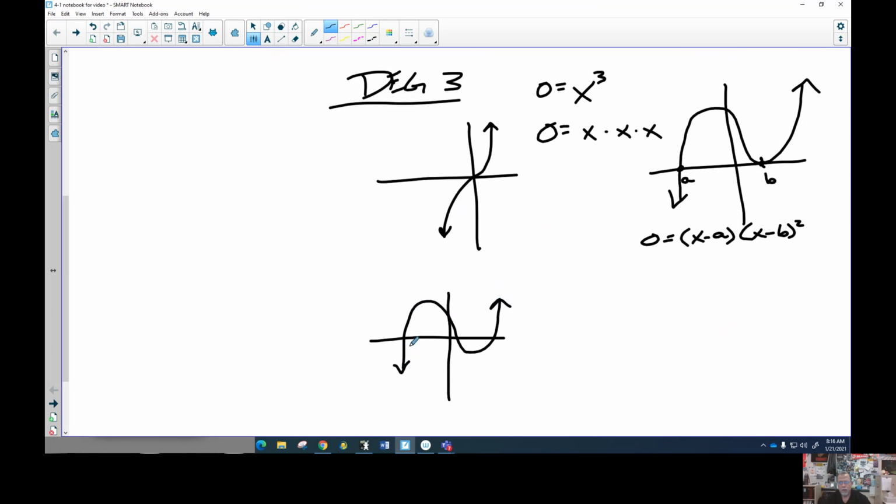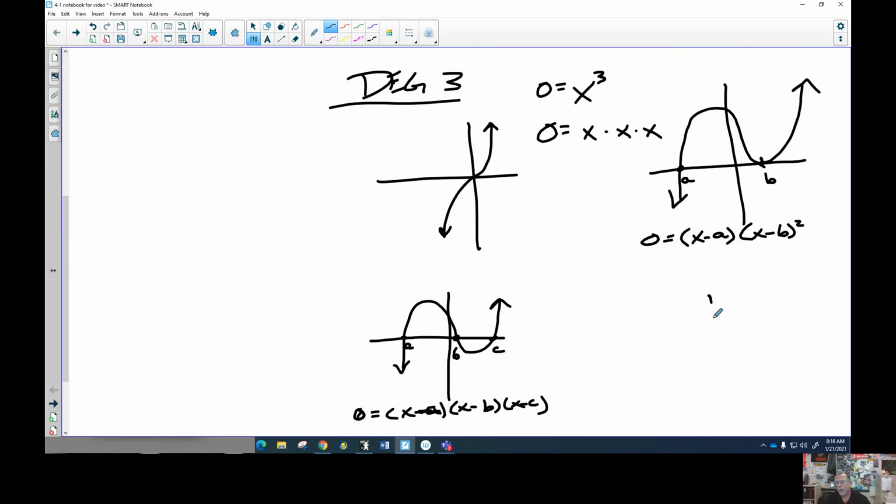And this is a nice one because if this is at A, B, and C, this would factor as x minus A times x minus B times x minus C. And again, A would be negative, so this would end up being x plus the opposite of that, or x minus the negative A. But anyways, we would have, again, x cubed, 3 roots at A, B, and C. That would make this equal to 0.